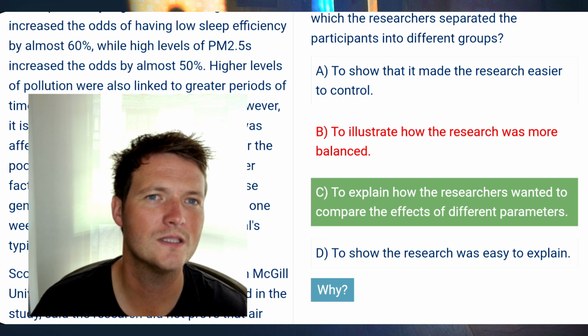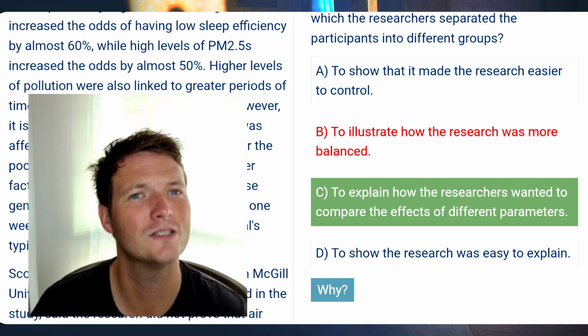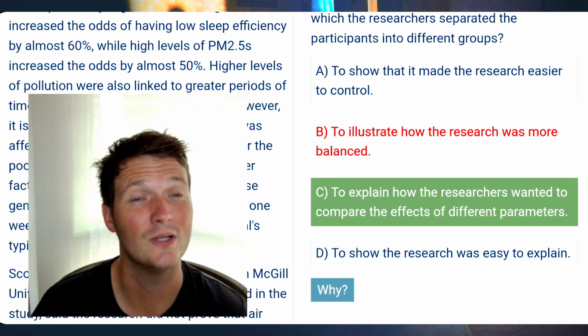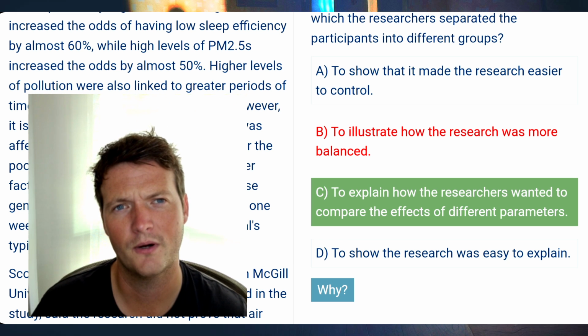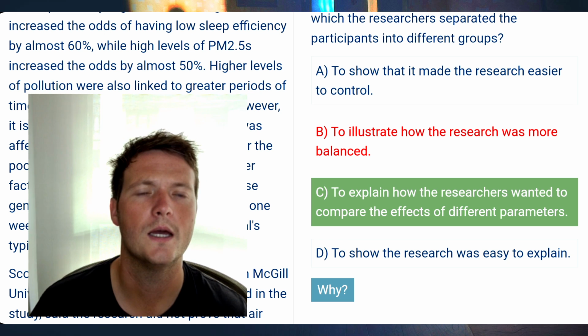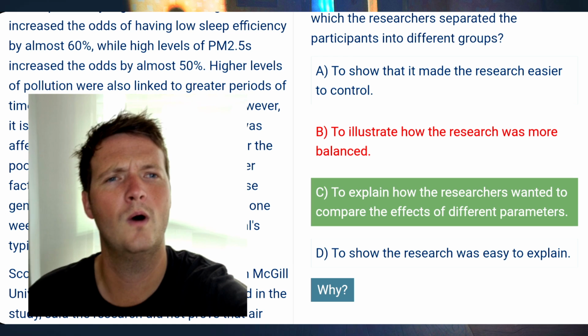They wanted to study the effects of pollution. They wanted to eliminate the other parameters, so they adjusted the groups according to age and smoking and things like that. No, let's click on why it says that.